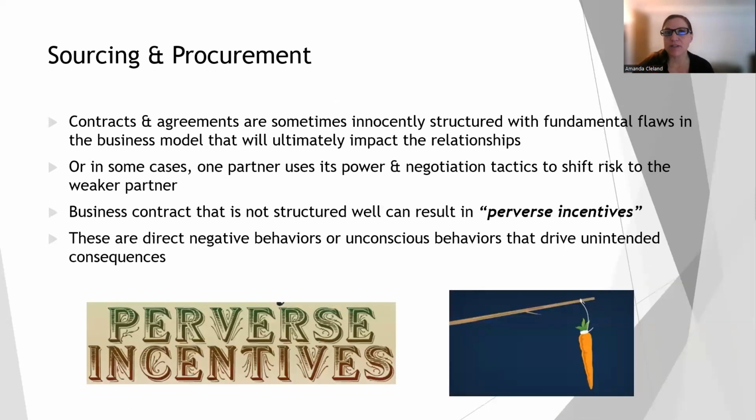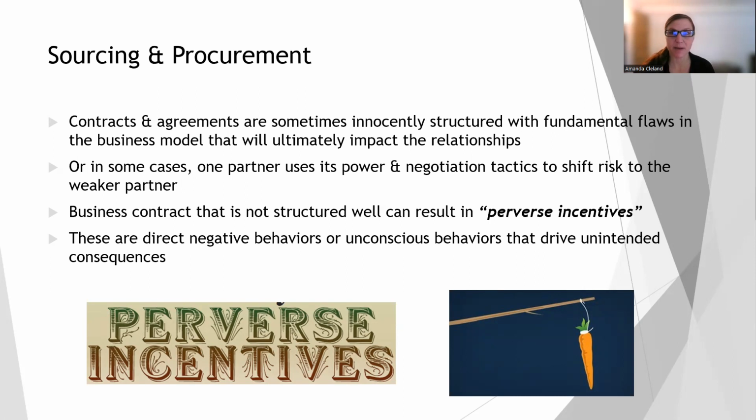So contracts and agreements are sometimes very innocently structured with some fundamental flaws. Again, all organizations go into some sort of contracting agreement between two parties, the buying organization and the supplier, usually with good intentions. And sometimes when we structure these, we put flaws into the structure that are going to impact the relationships. A huge piece of sourcing and procurement, especially with sourcing, is managing the suppliers and those relationships.